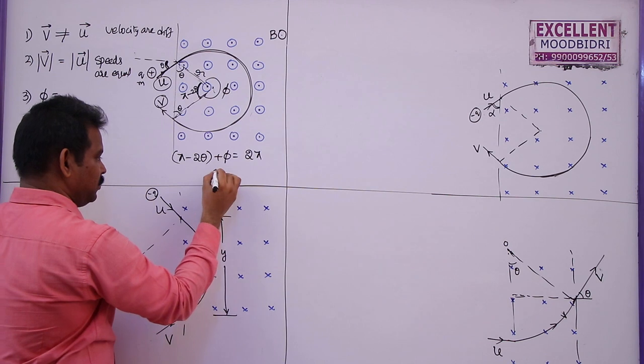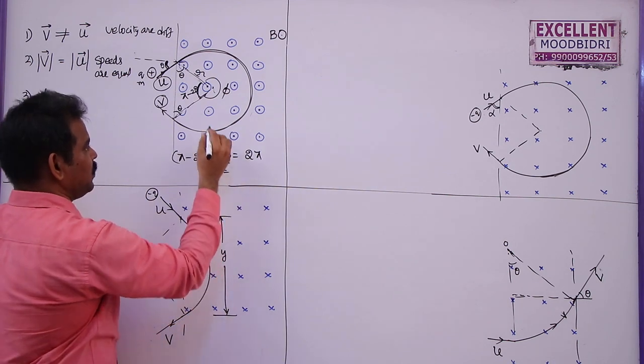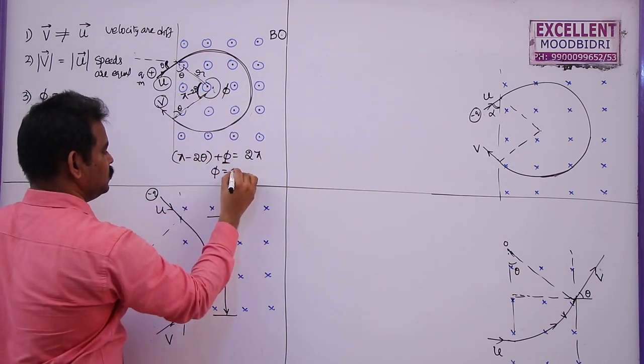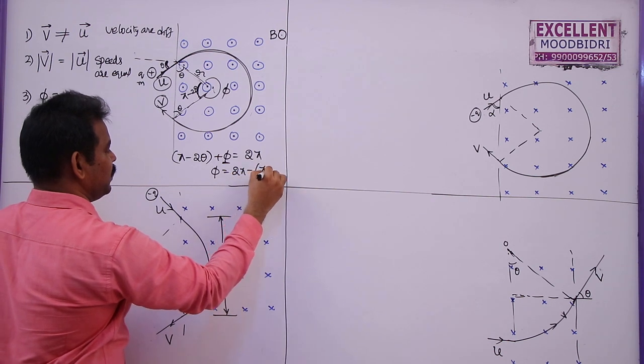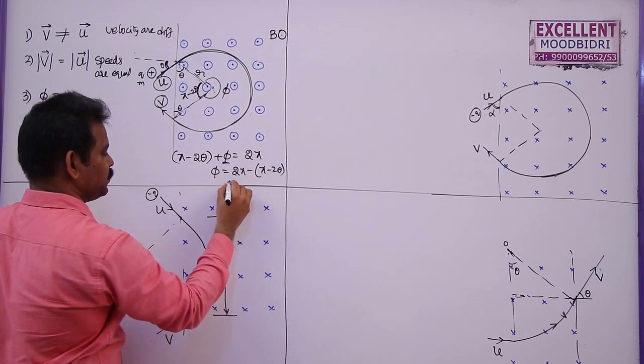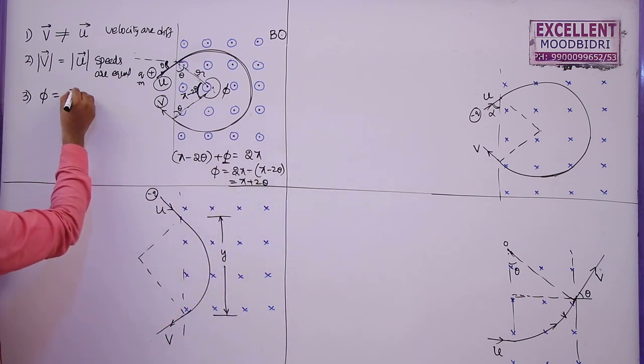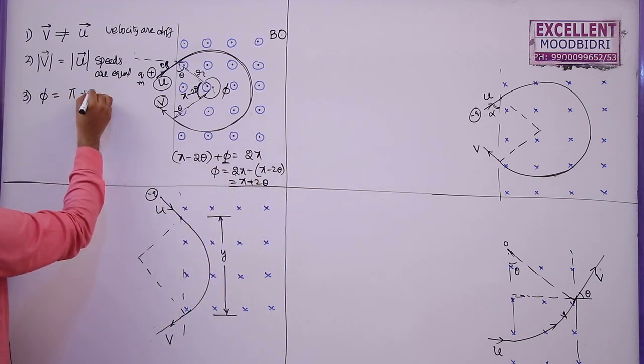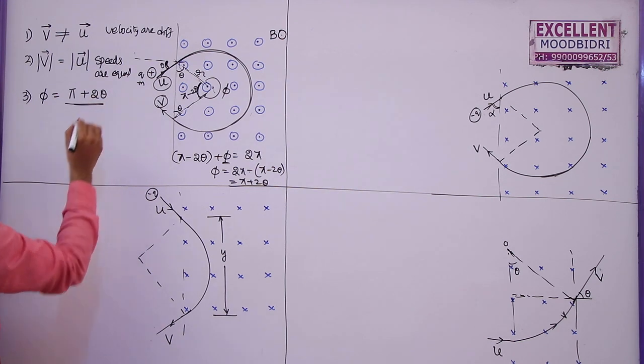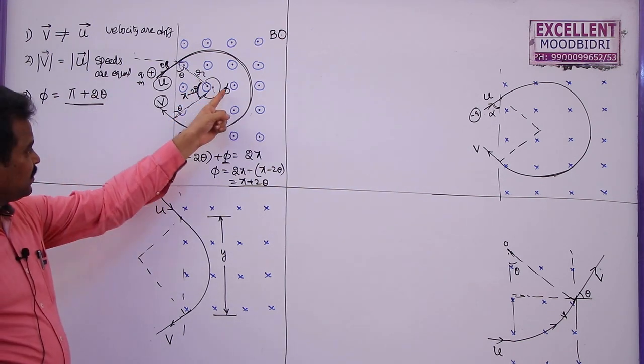So phi is equal to 2 pi minus (pi minus 2 theta), that is 2 pi minus pi, which is pi, plus 2 theta. So phi is equal to pi plus 2 theta. This is the angle described at the center.